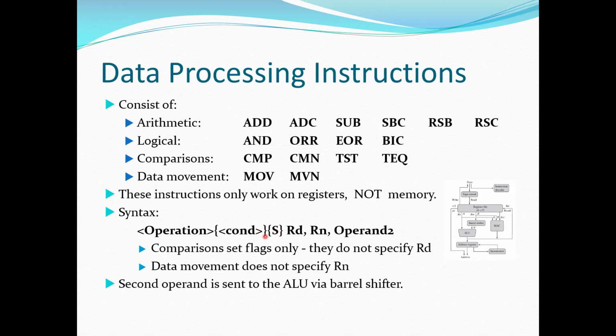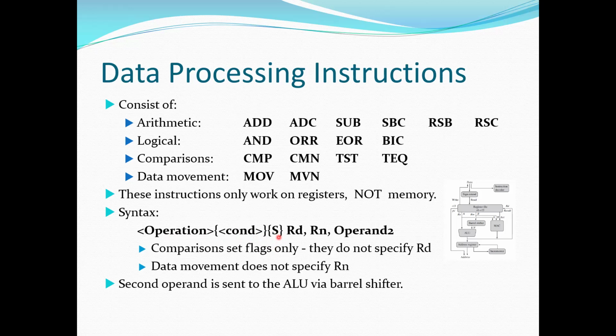And the other optional field, which is called S, stands for save the status. Whether flags will be affected or not for a specific operation is given by a specific letter called S. With your opcode, if I have added the letter S, then the flags are affected. If I haven't added S, then flags will not be affected.